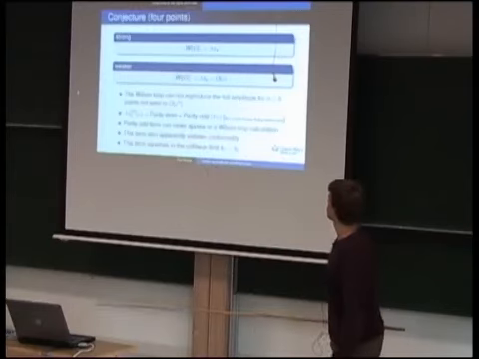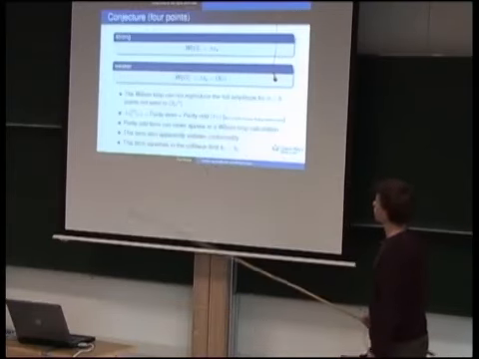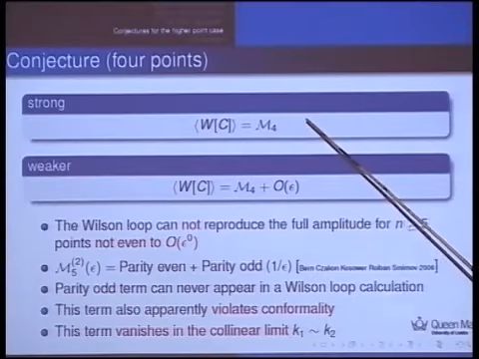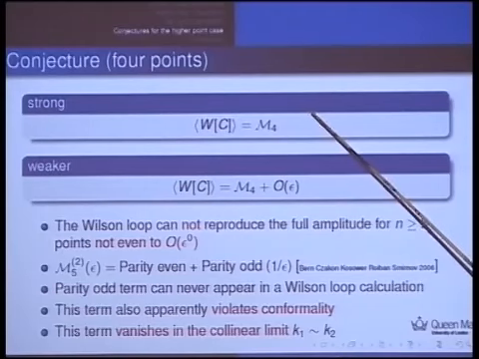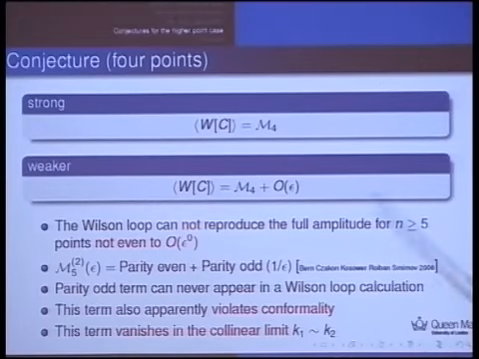So at 4 points, one can make a conjecture which is consistent with the available data, a very strong conjecture. One could conjecture that the Wilson loop is completely equivalent to the 4-point amplitude to all orders in epsilon.